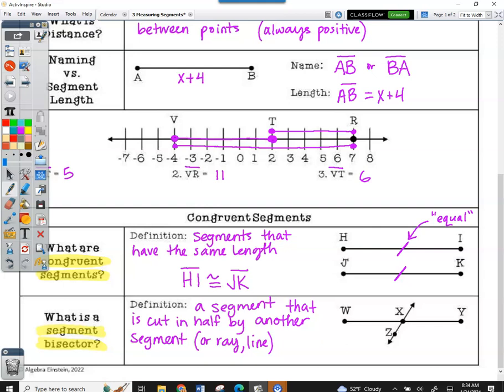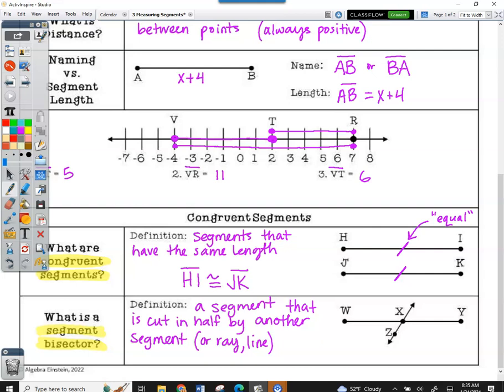In this picture, it's a line. It could be a ray. It could be a segment. What matters is this initial segment WY has just been cut in half by this line XZ.